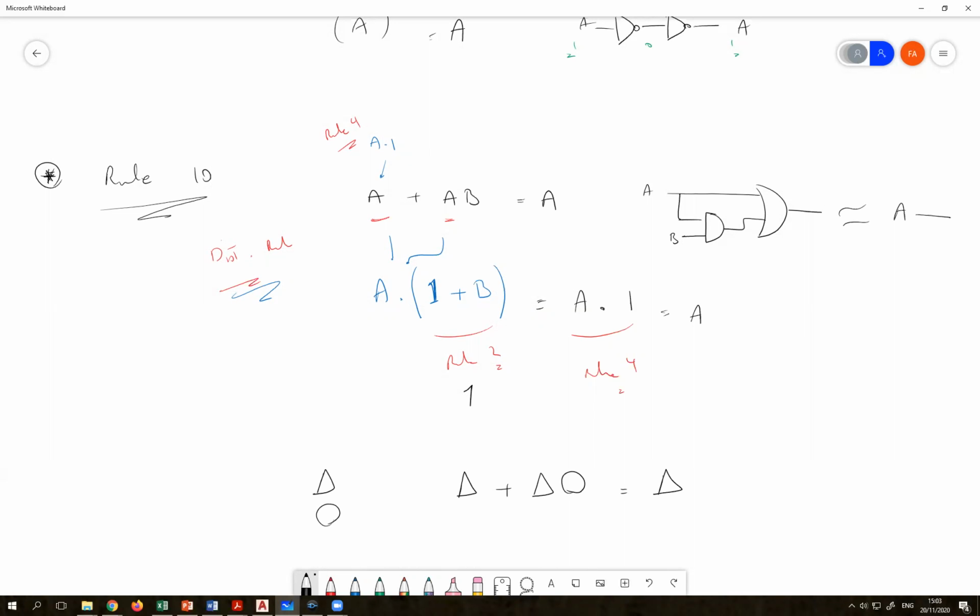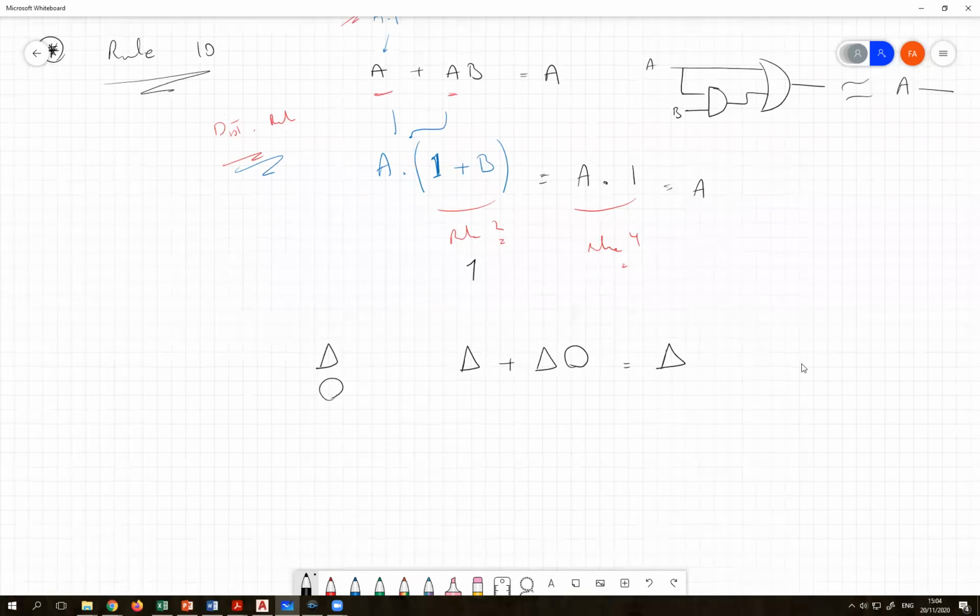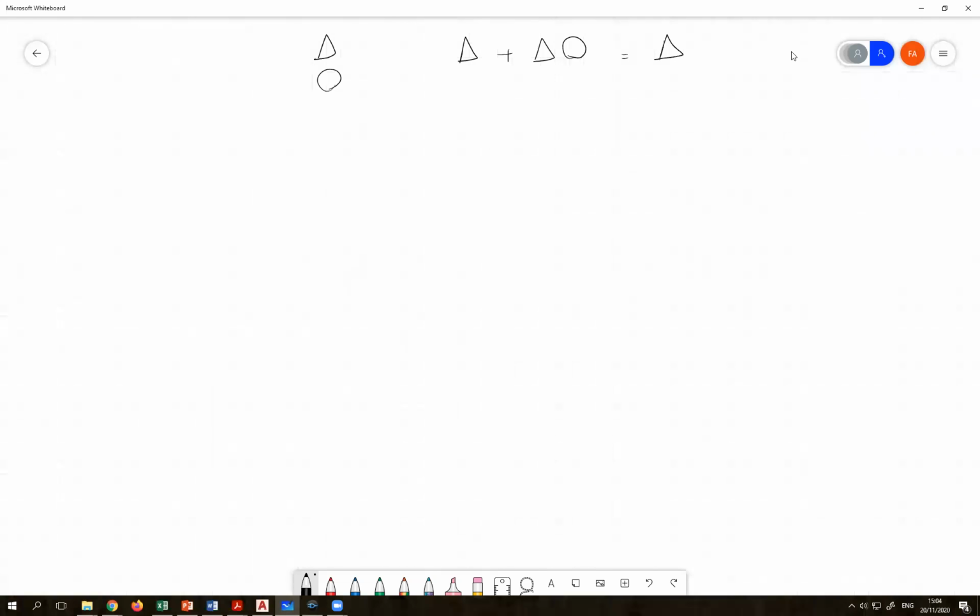Another rule which is very important, and the last rule for this part, sorry, we have 2 more rules. Rule 11. I think this is the most important rule that we have. Very important. What is that? It's A or A not B. What's that equal with? Let me draw that first.